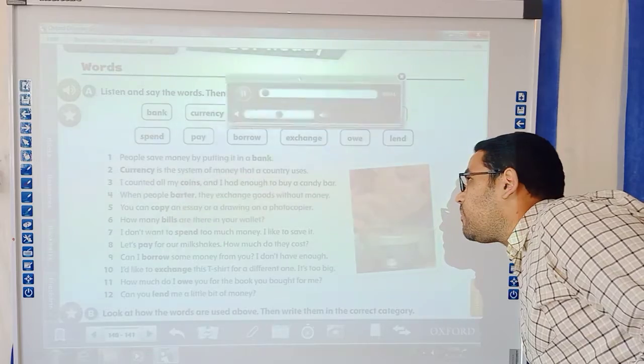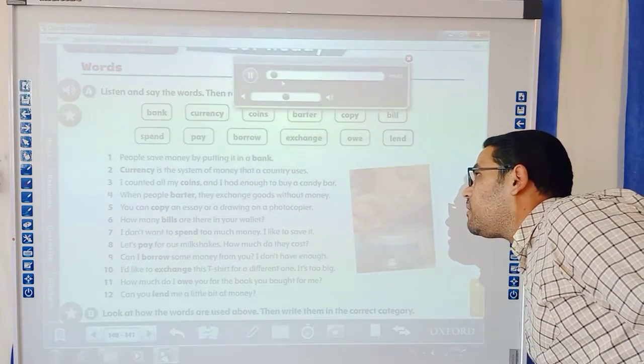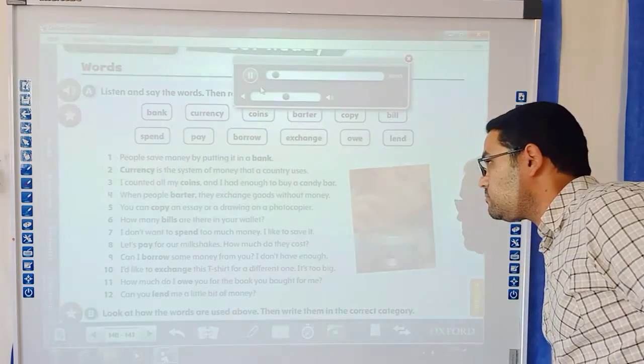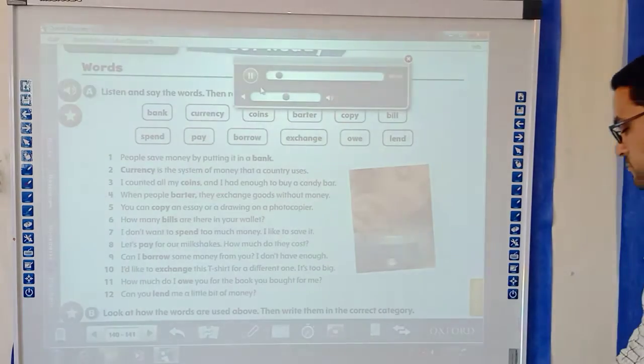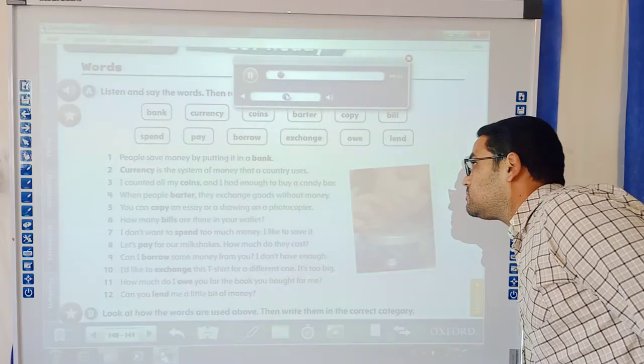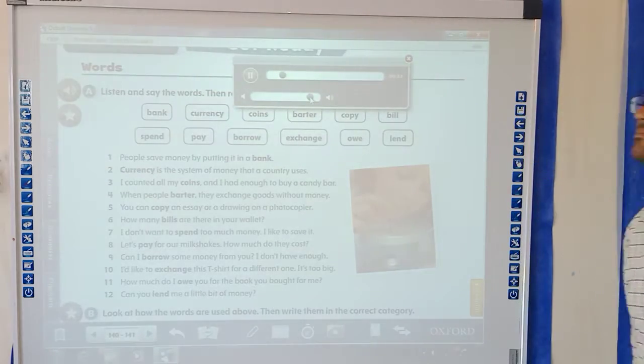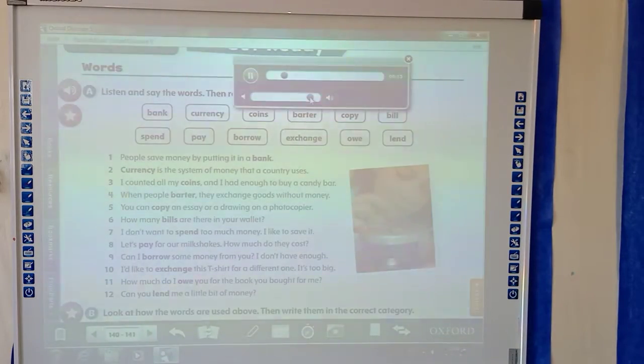Page 140, Unit 14, Get Ready. Words. A. Listen and say the words. Then read and listen to the sentences. Bank. Currency. Coins.